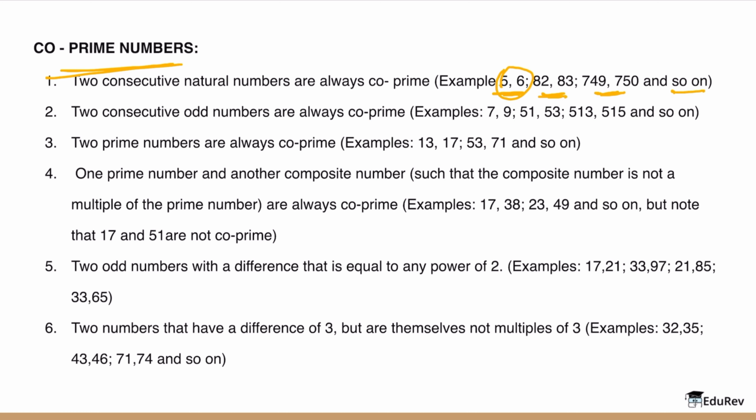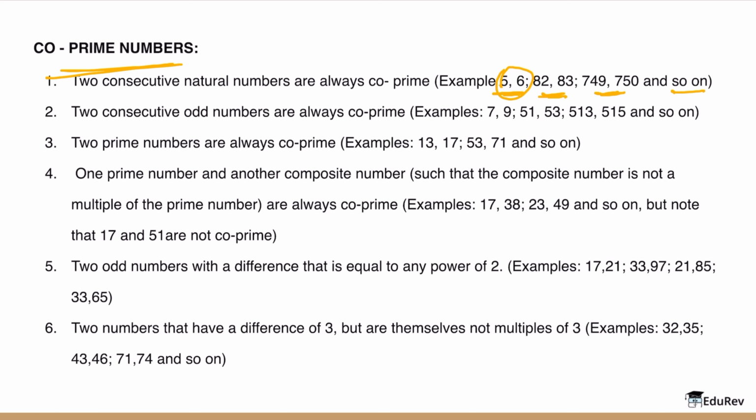Because 5 and 6 have nothing common. This is one of the properties of co-prime numbers: if I have any two natural numbers that are consecutive, then those numbers are going to be co-prime numbers.